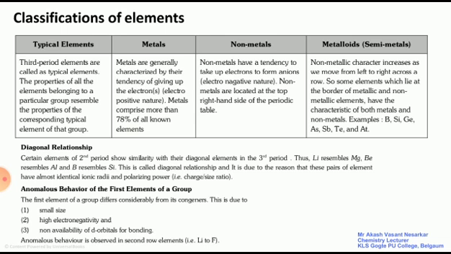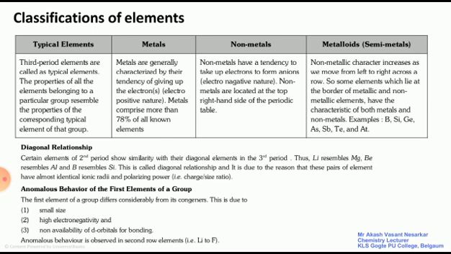Next one, non-metals. Non-metals have a tendency to take up electrons to form anions. It is exactly opposite to that of a metal. Metals give up electrons, but non-metals, instead of giving up electrons, try to gain them, and by gaining electrons they form anions.